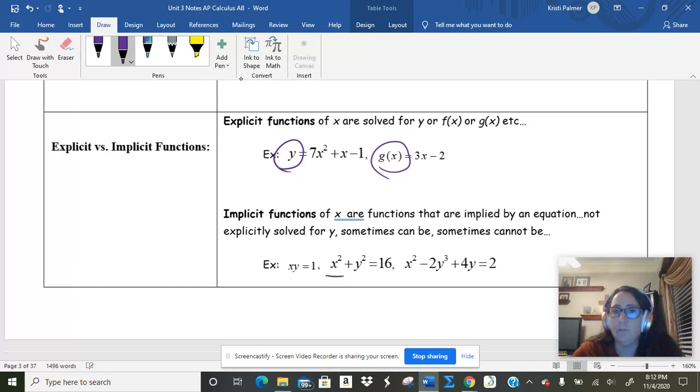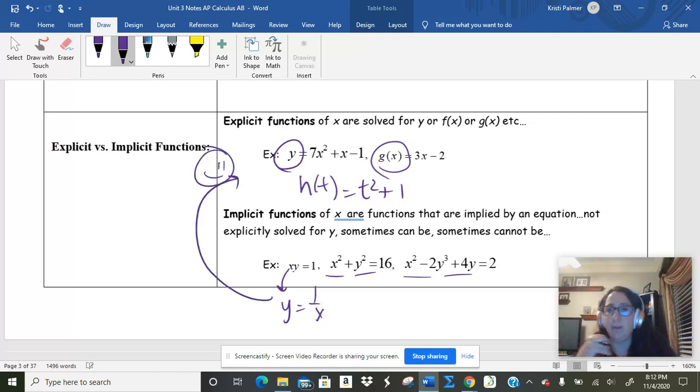Implicit is when you don't have it solved for one variable, like you don't have a y equals all in terms of x, or a y equals all in terms of t or something. Like this one up here would still be explicit. So you've got all of them together. Now, sometimes you can rewrite and get it into explicit, and yay, okay, we're happy.